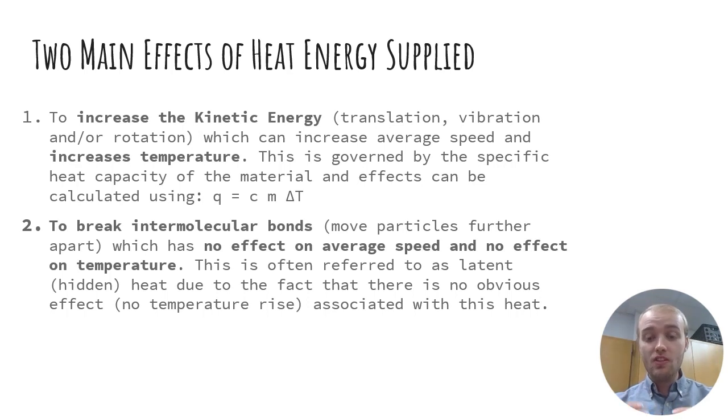But one thing you've also got to do, for example if you had water, is break those hydrogen bonds. You have to get those water molecules away from one another as you're melting and vaporizing. So sometimes when we give heat to things, we're not increasing the temperature. What we're doing is trying to get the molecules apart from one another.